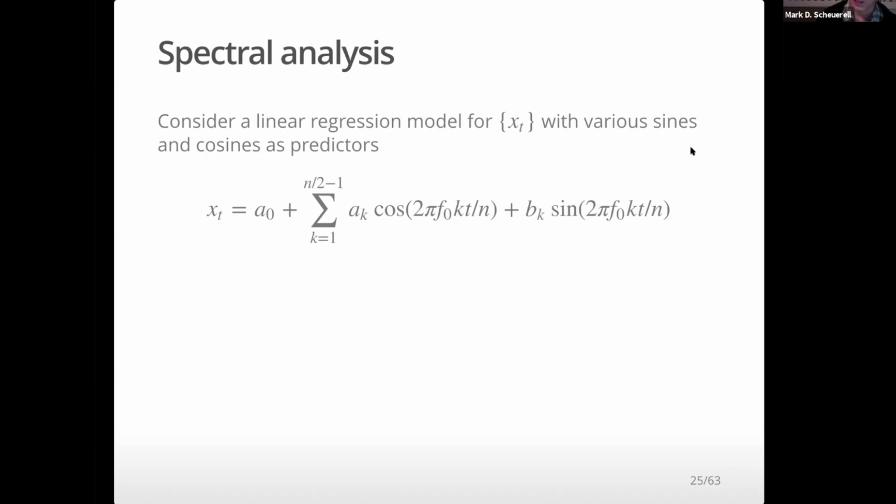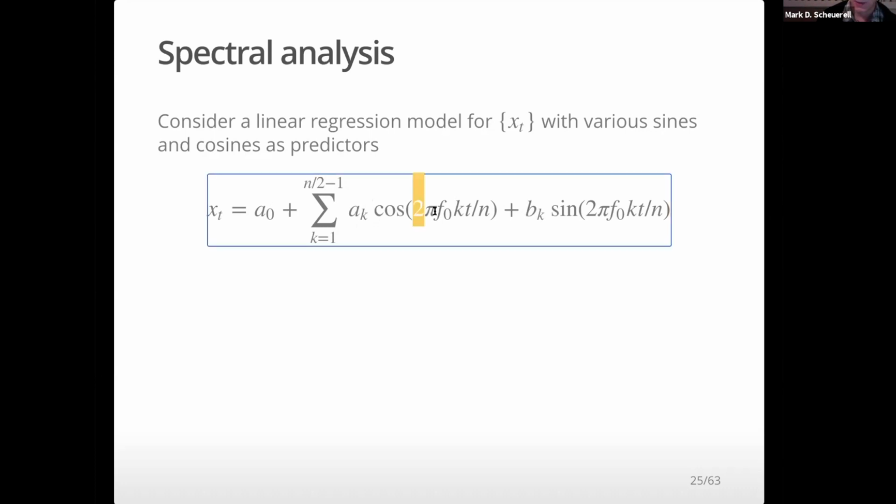This is essentially akin to what we did earlier in the class when we talked about seasonal models. This was one of the methods that we showed you as a way to model seasonality in time series. Same idea. So here we've got an intercept, and now we've got a whole bunch of terms, and we're going to run from essentially half of the data up to n/2 minus 1. And each one of these is going to have, this is essentially the beta, the regression coefficient, A_k, and here's B_k, and this is a cosine, and this is sine.